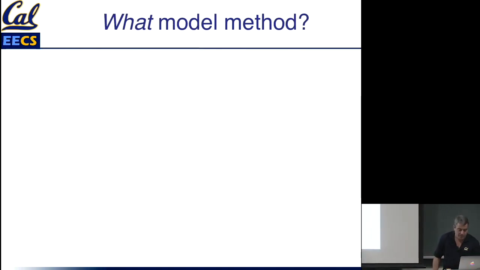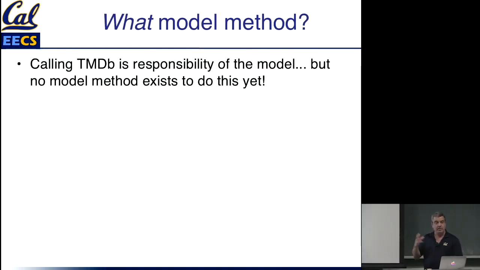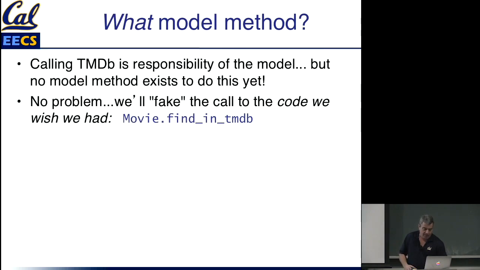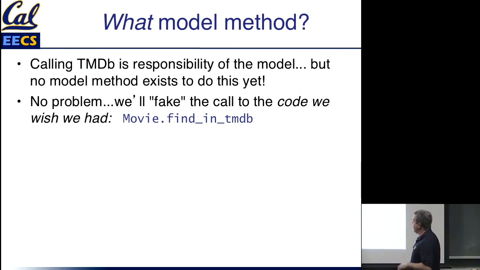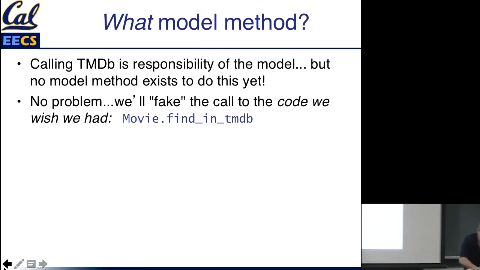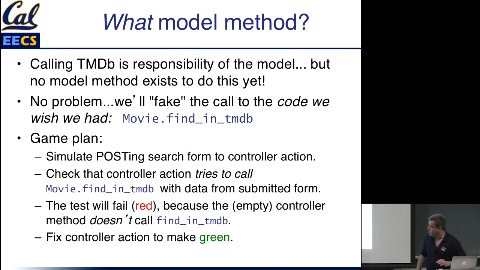So we've established that doing the actual search in TMDB is the model's job. We're going to have a class method that does it. And let's assume that that class method, if it existed, had this useful name, find in TMDB. So what we're going to do is fake the ability to call the code we wish we had. So here's the strategy.